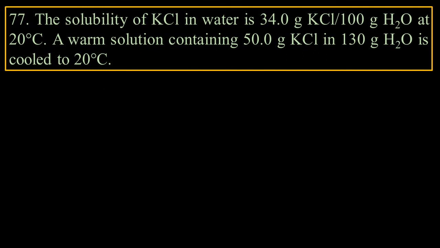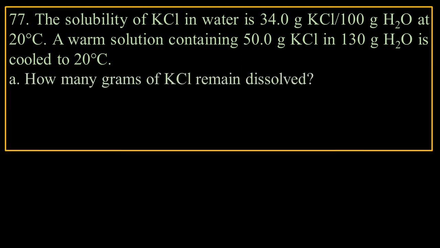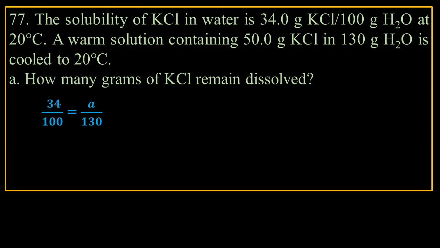0.413. The solubility of potassium chloride in water is 34 grams of potassium chloride per 100 grams of water at 20 degrees Celsius. A warm solution containing 50 grams of potassium chloride in 130 grams of H₂O is cooled to 20 degrees Celsius. How many grams of potassium chloride remain dissolved?